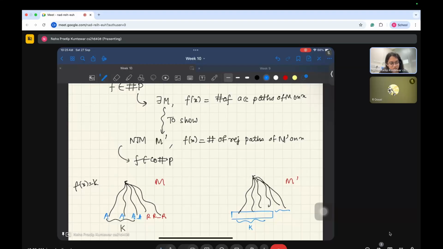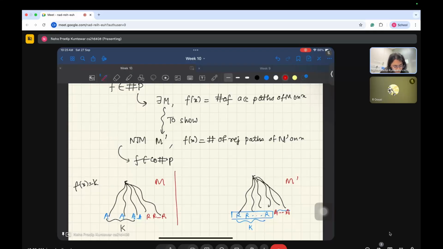So M prime simulates M. Whenever M accepts, it rejects, and whenever it rejects, it accepts. So you will have exactly k rejecting paths here, and the rest will all be accepting paths.